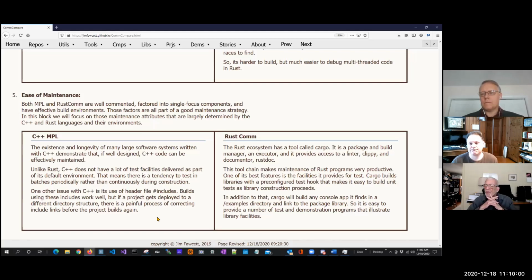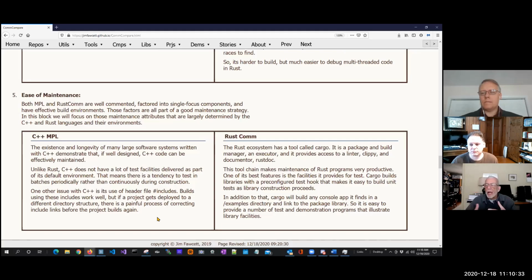And the other thing is that Cargo uses a naming convention for its directory structure. If you create an examples directory in the main directory for the package, you name it examples. You can put console applications there, and Cargo will link them to your library, and that lets you really easily set up a bunch of demonstrations.